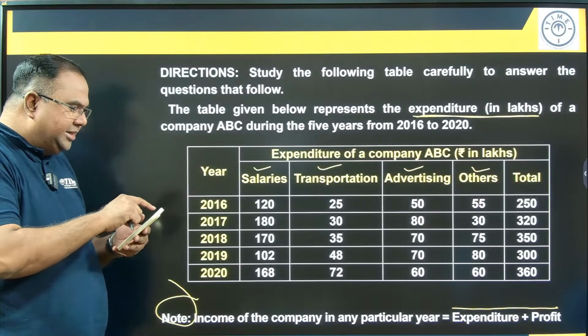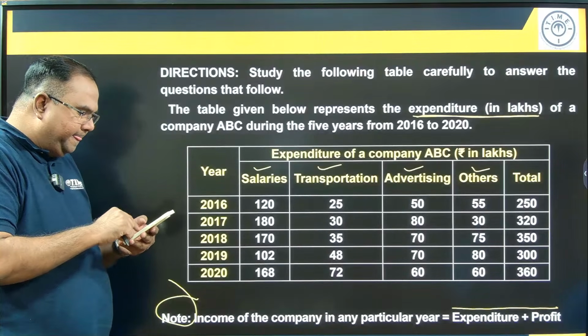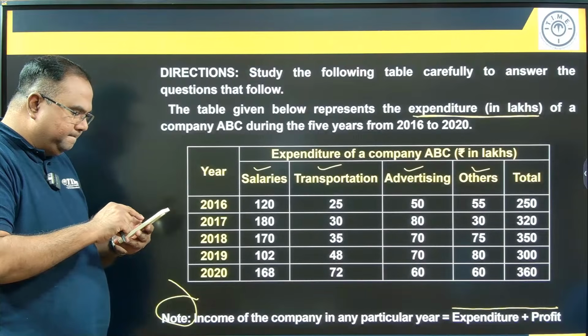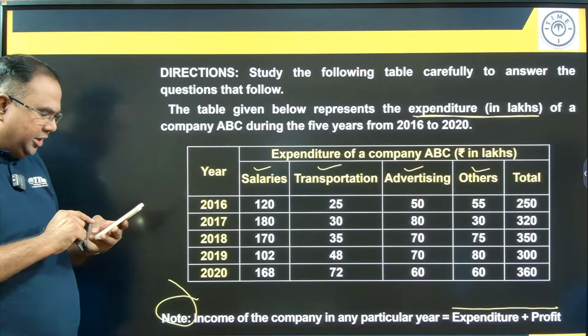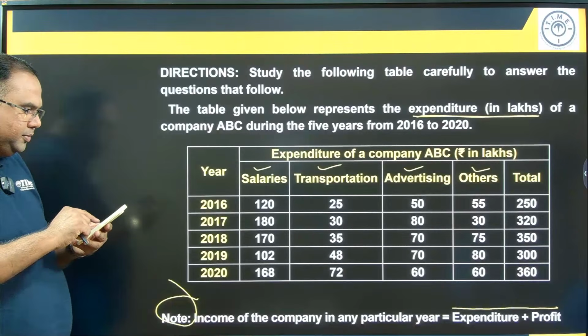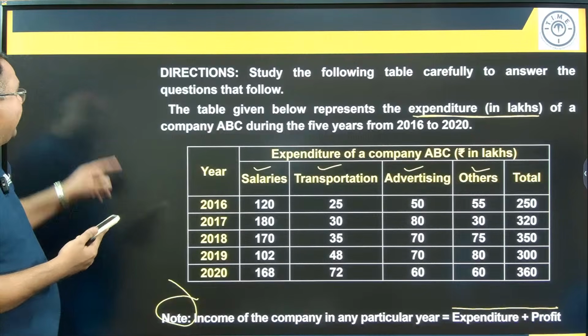Let me check whether anything is missing. No, that's all we have. We don't have any other information. So let's move ahead. We'll take up the questions now.